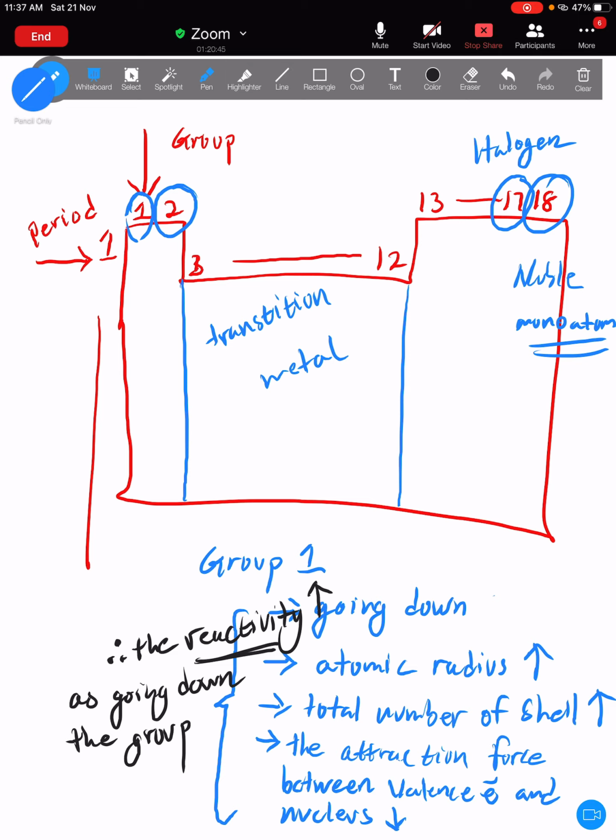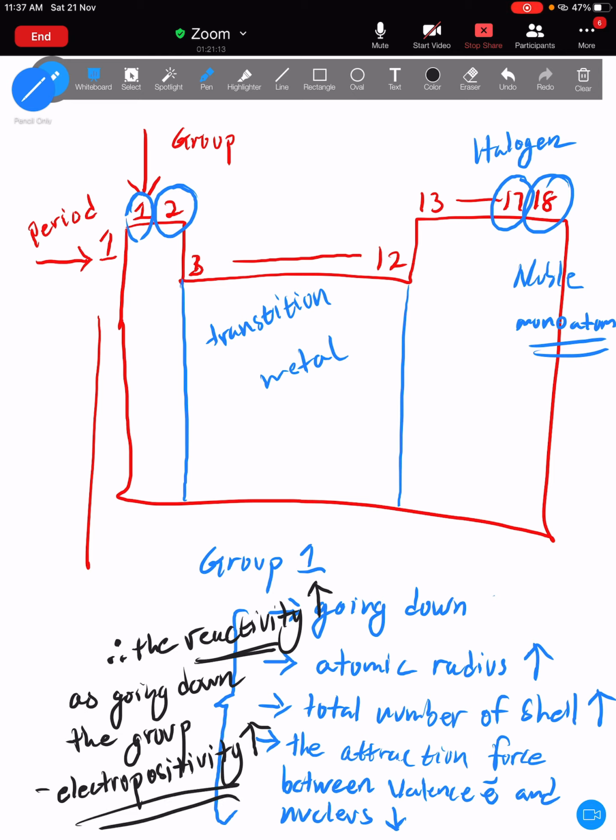Okay, the ability to lose electron, though there is another word. Very good. That is the key word I'm looking for, which is electropositivity increases. Those are the conclusions for the statement.